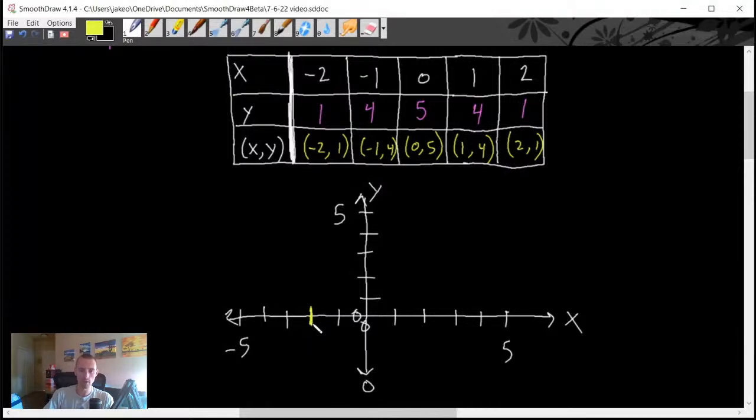Then we kind of just imagine a vertical line going up and down all along that. Then we go to +1 on the y-axis right here, and you can just imagine a horizontal line going all across there.